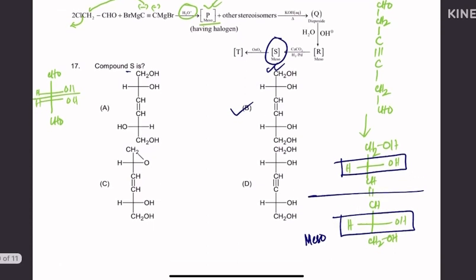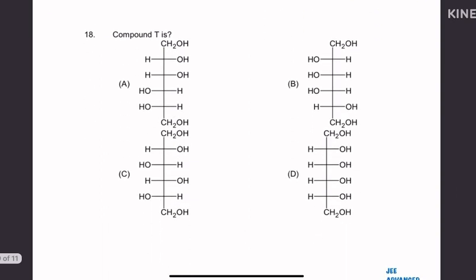If I do this S compound with osmium tetroxide, in this case Q compound will form CH2OH. So this is the compound.